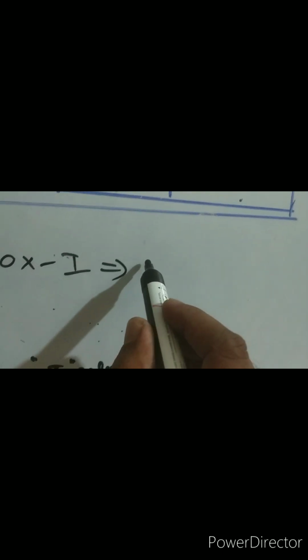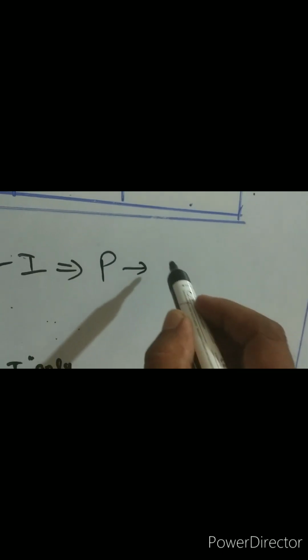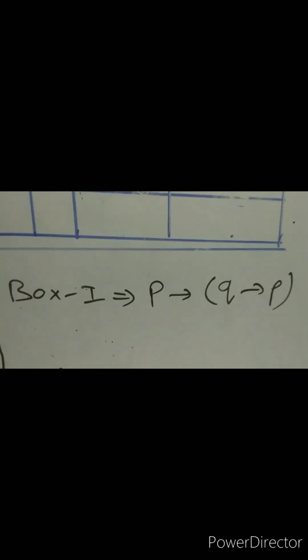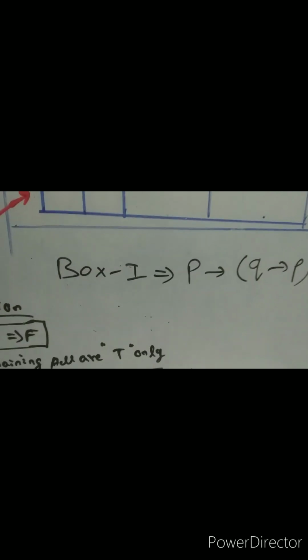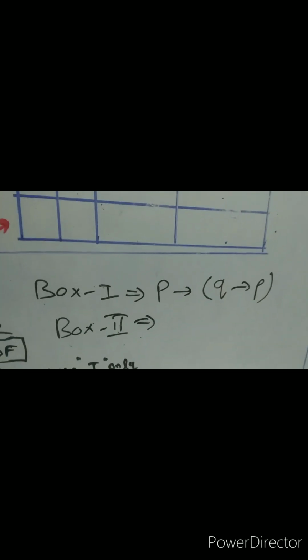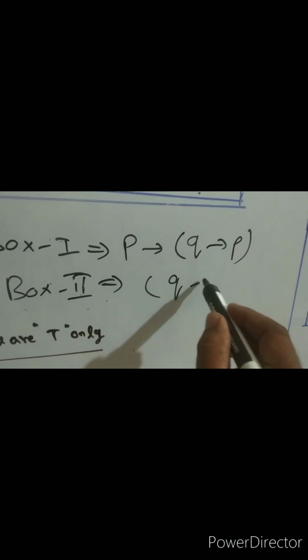Here I will write box number 1. Next, box number 2, Q arrow mark P.